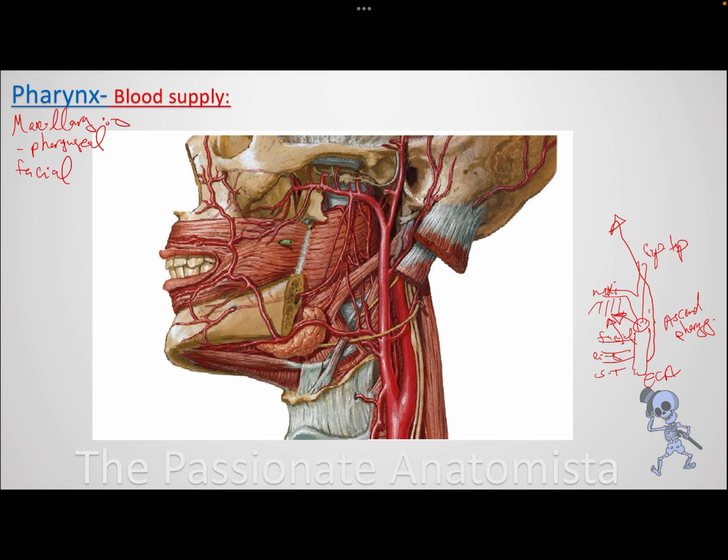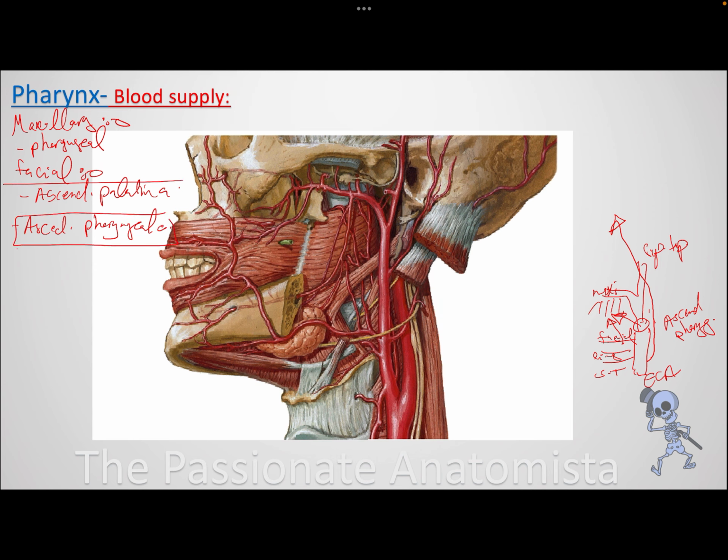So we have pharyngeal branches from the maxillary, all right, and it makes sense, and also from the facial artery, which is a branch of the external carotid. It also gives the ascending palatine artery, and of course, we have the ascending pharyngeal. From the name, it's a branch of the external carotid that also gives supply.